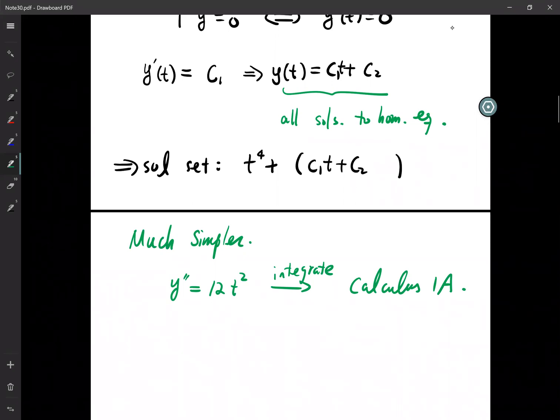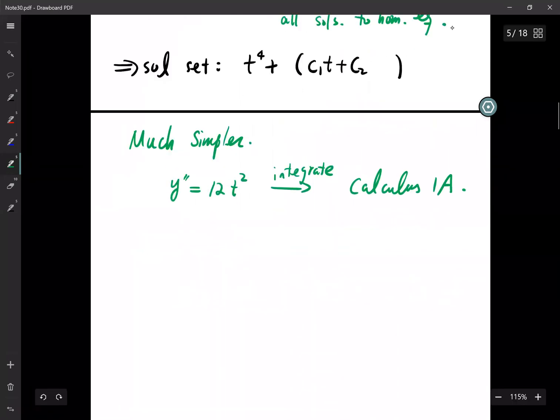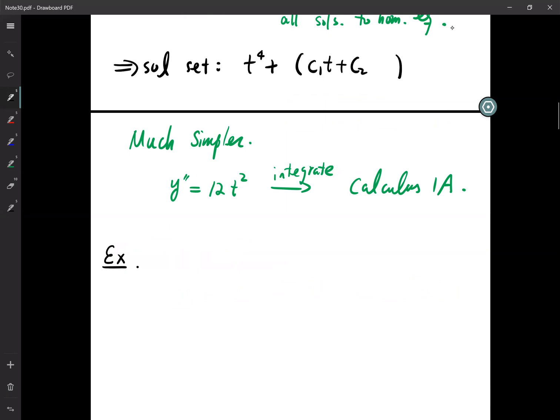Indeed, the solution takes the form: t to the 4, obtained by integrating, is a particular solution, and these two terms come from the solutions to the homogeneous system. Any question? Okay, so look at another problem.